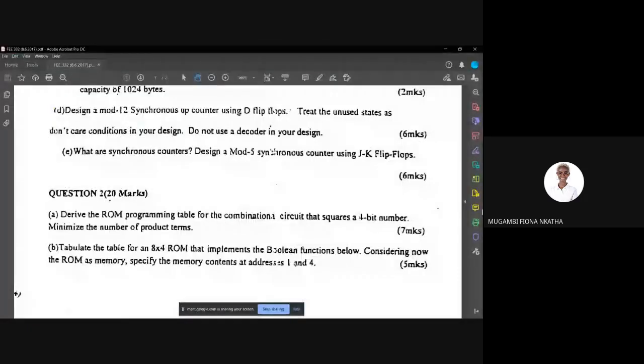Okay, so now we are going to question A. Once it's on, just someone give me a heads up that it's on. So, question A, what was it asking?